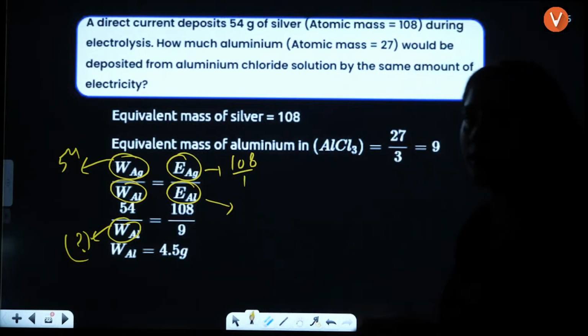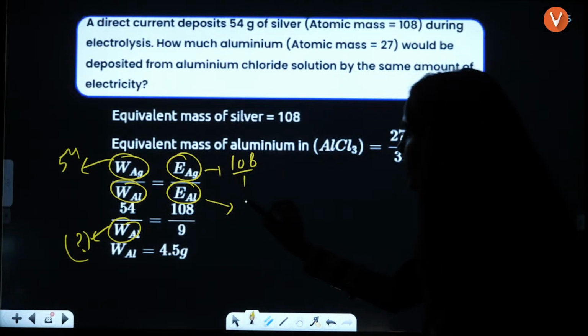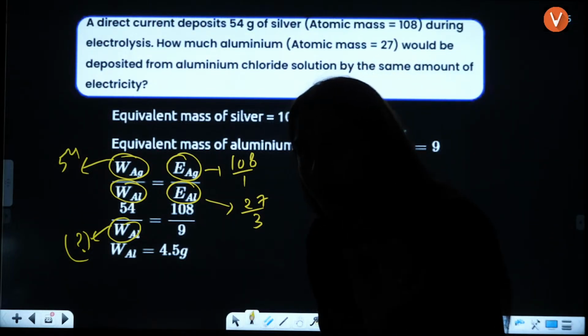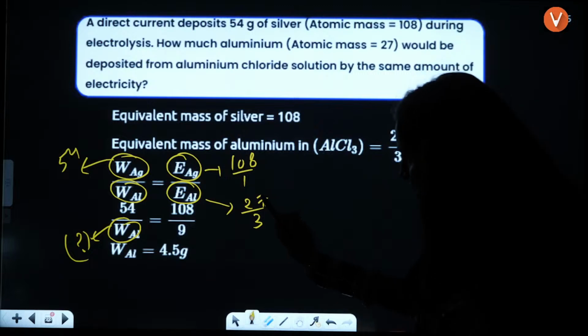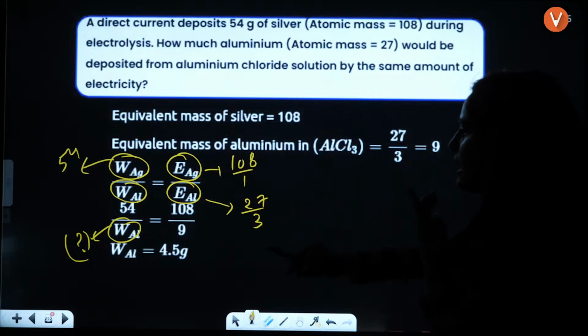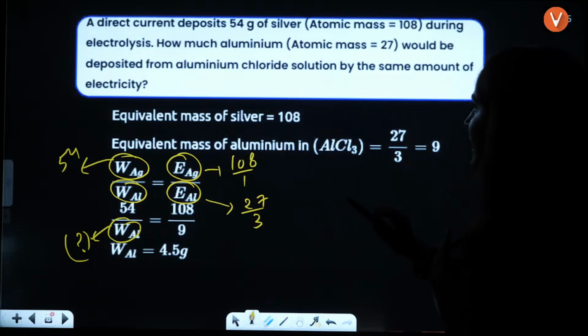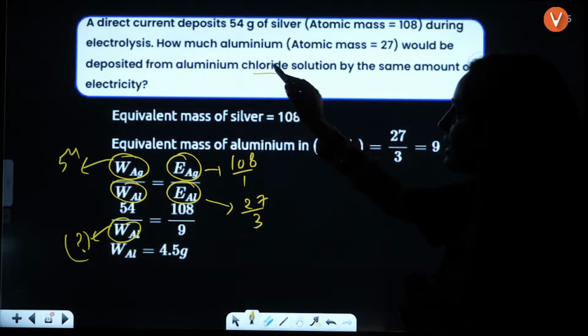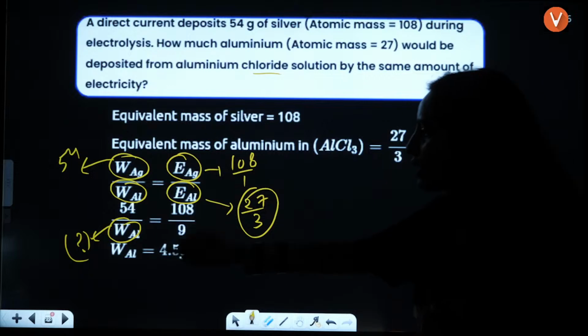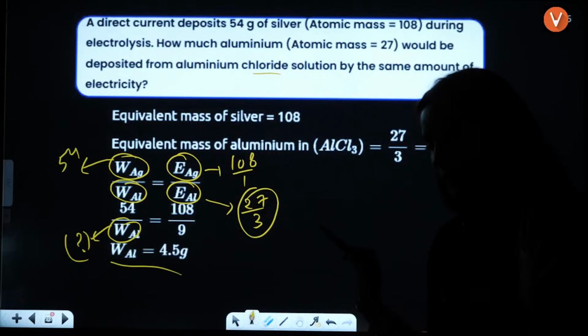Equivalent weight of aluminium is the molar mass 27 divided by the N factor 3, because aluminium chloride exists as Al3 positive, so this will be 27 by 3. Put all the values and you will get the weight of aluminium.